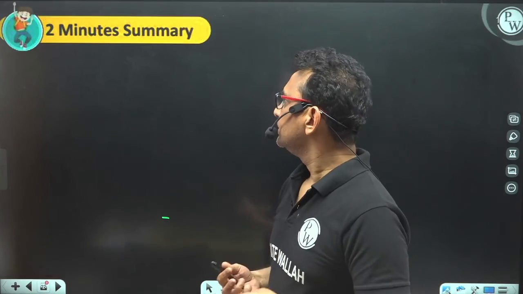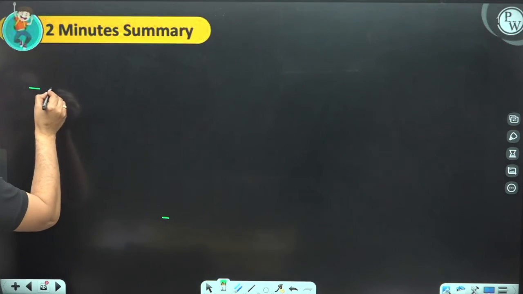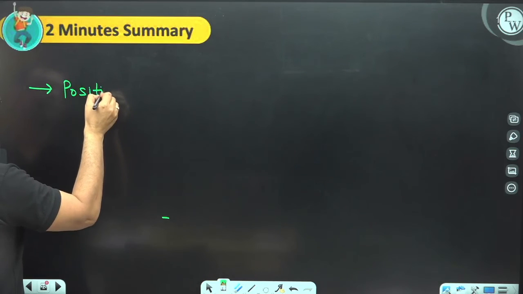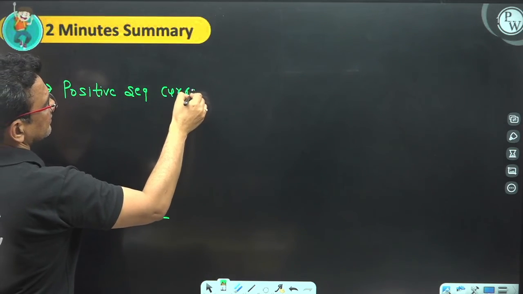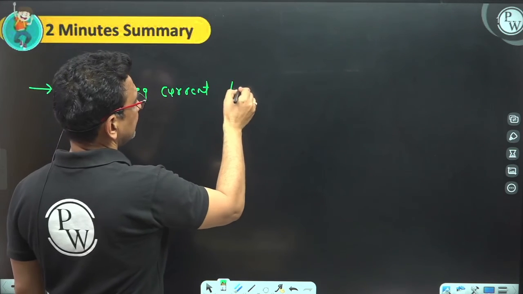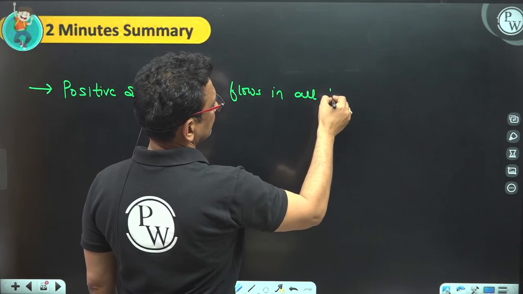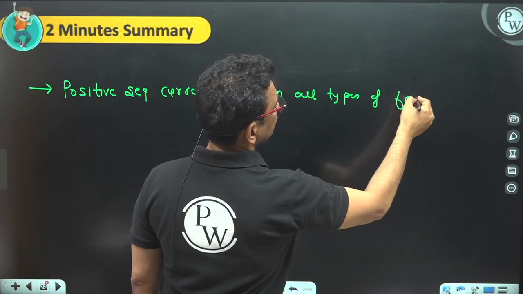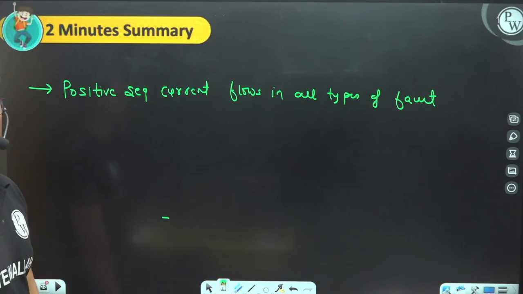Clear? So now the 2-minute summary. The positive sequence current flows in all types of fault, whether it is a 3-phase fault, line to ground fault, line to line fault, or double line to ground fault.